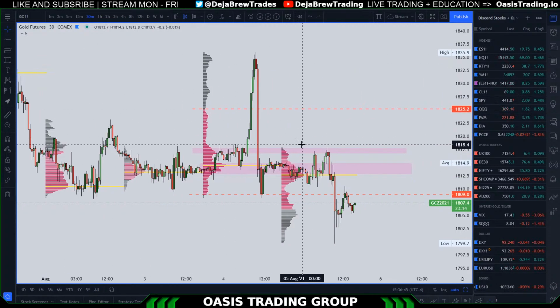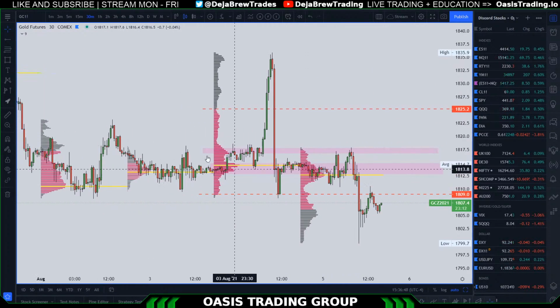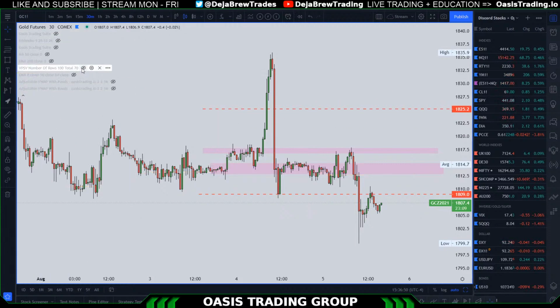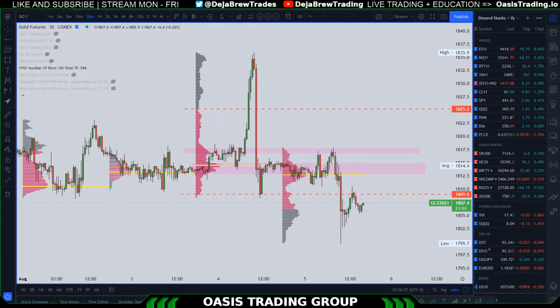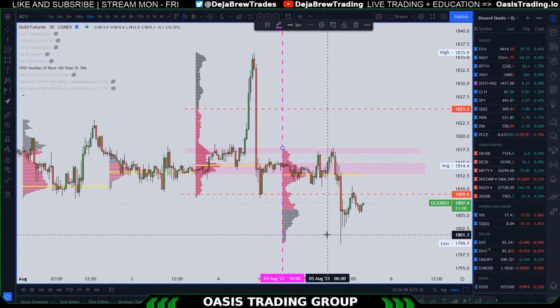There's no gaps here, so we don't really need to draw any gaps. Okay, let me get rid of this. Actually, I keep forgetting it's 24/7. This is where the day starts, technically.